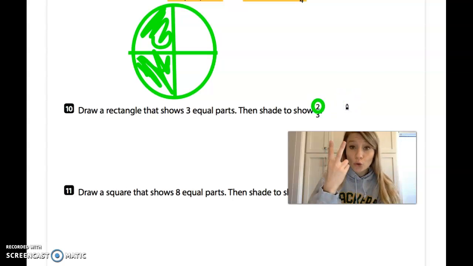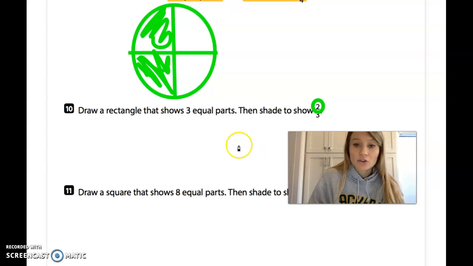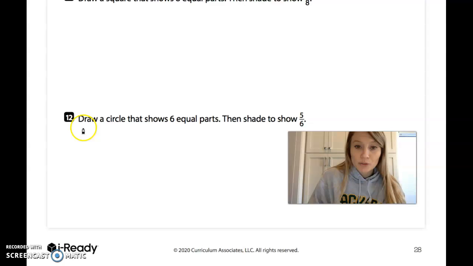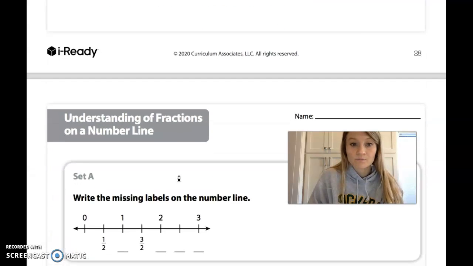You're shading 2 out of those 3 equal parts. For this one, you're drawing a square. And then number 12, you're drawing a circle with 6 equal parts. And you're going to shade 5 of those sixths. All right, you guys got this. You guys are awesome at fractions.